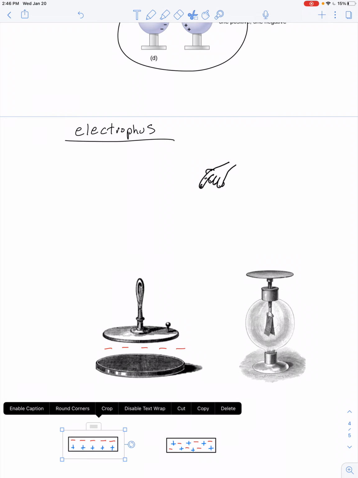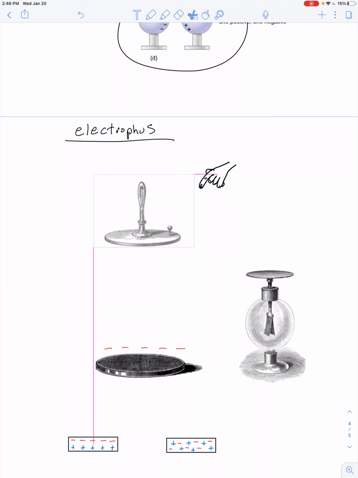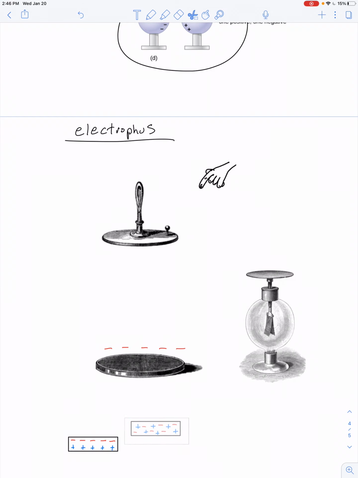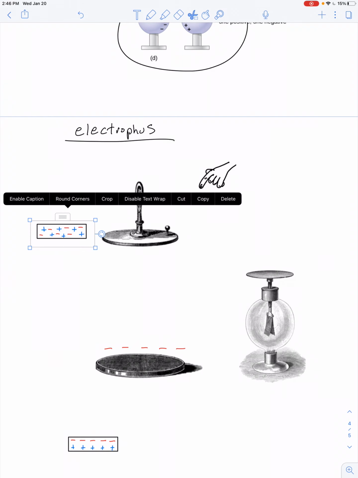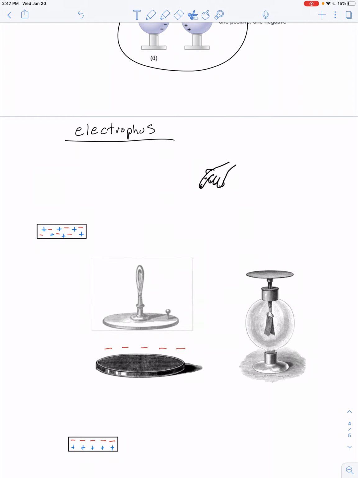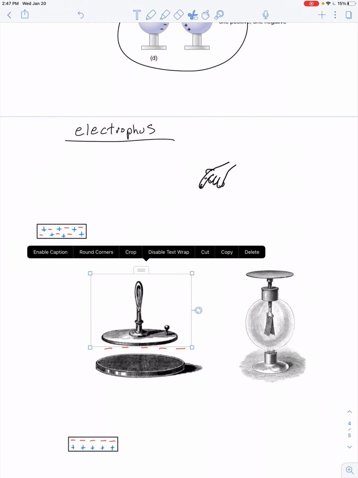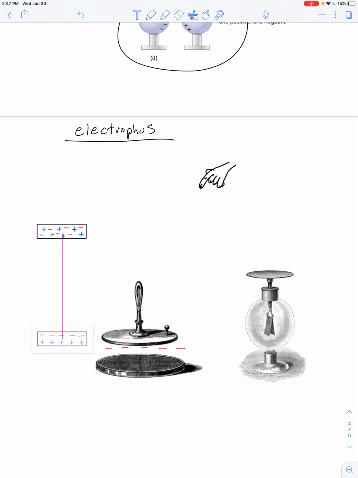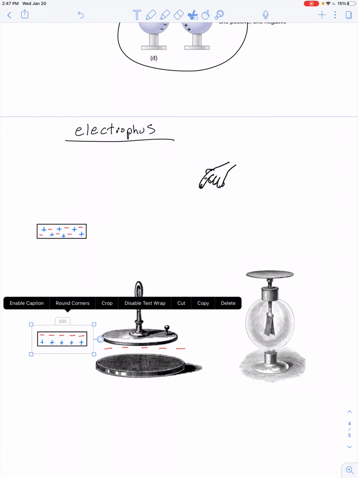So if that's the case, and now you lift it back away, then the distribution of positive and negative charge is back to random. So with the metal plate far from the acrylic, random distribution of charge. When the plate is held close to the acrylic base, there's a polarized distribution of charge.